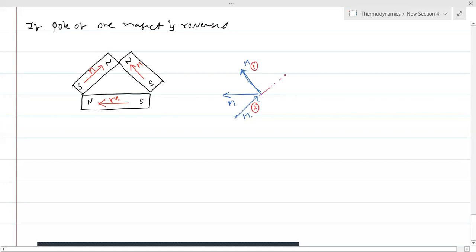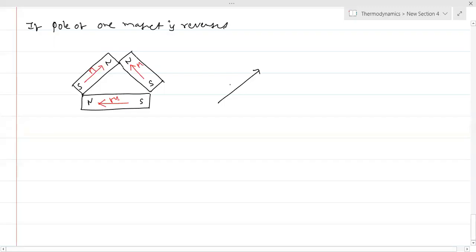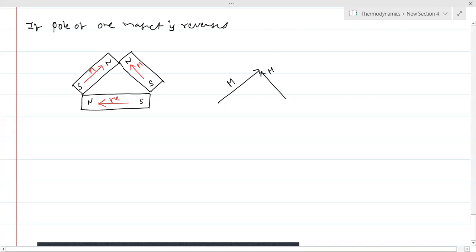For our convenience, we are extending like this. This is capital M, this is capital M, and this is capital M. So this is the resultant we are taking.